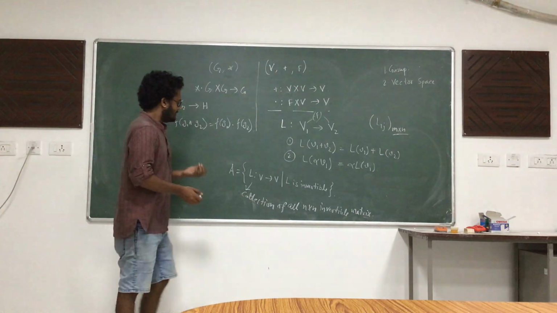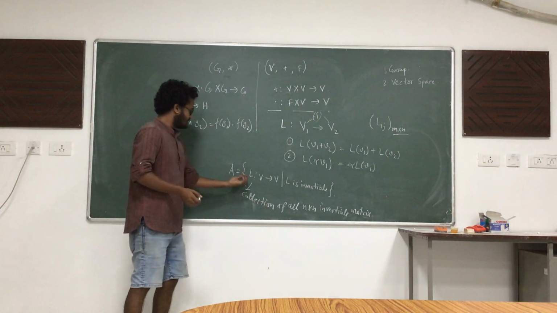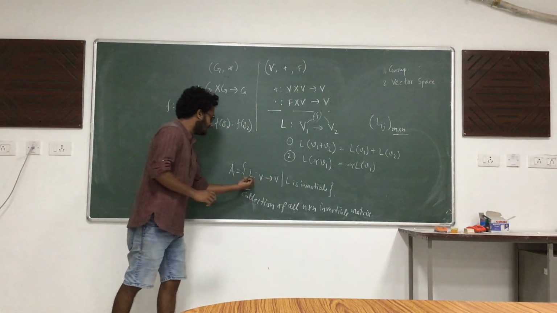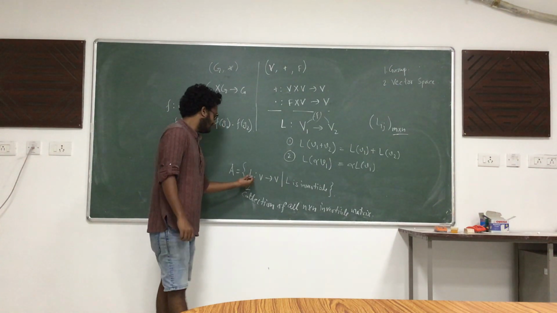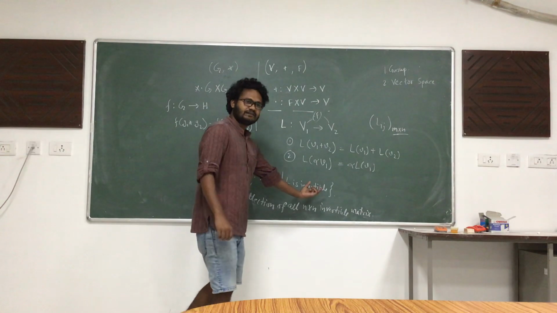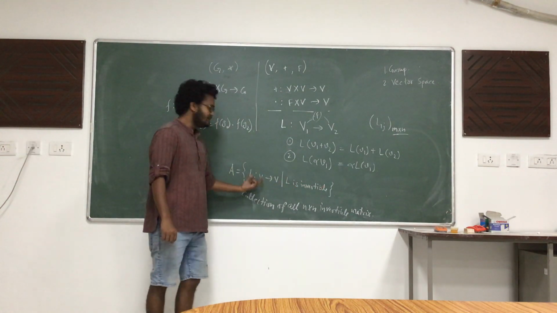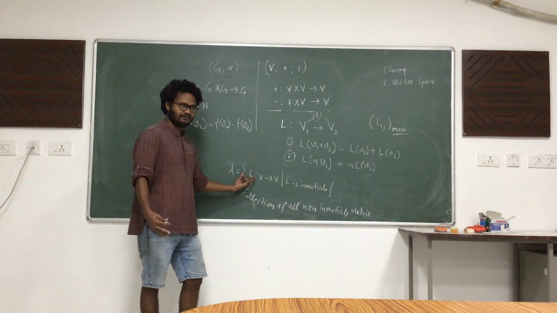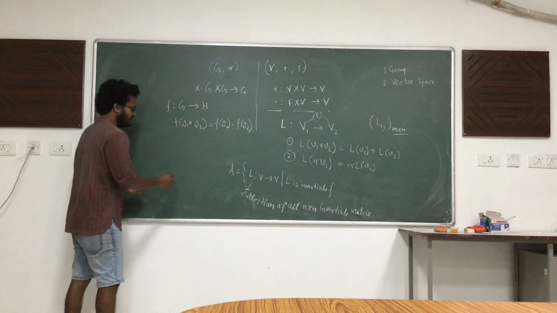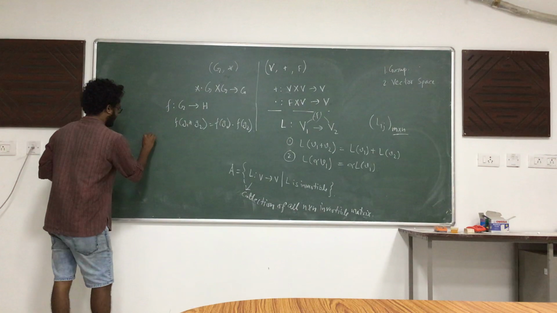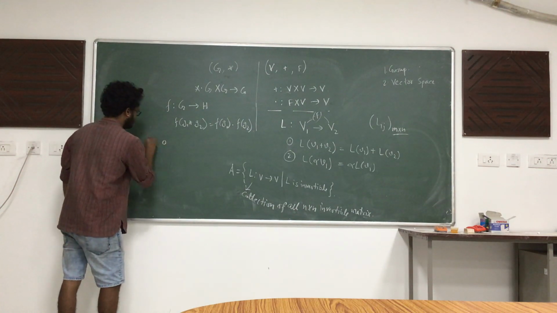Since this is a mapping, the elements of this set are basically linear transformations. Now what we see is that A has a group structure under the composition map.